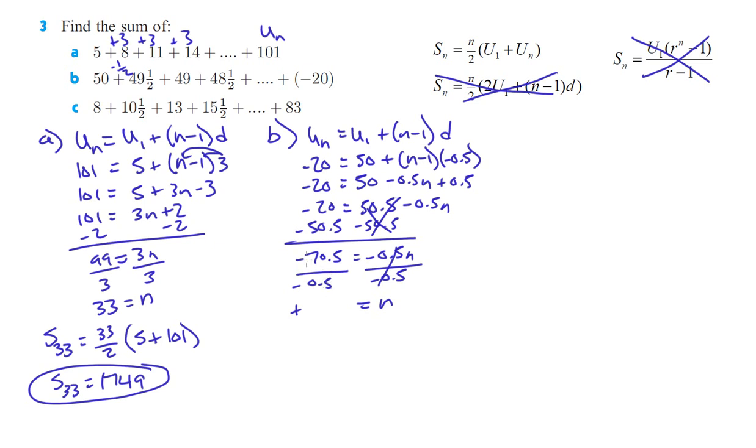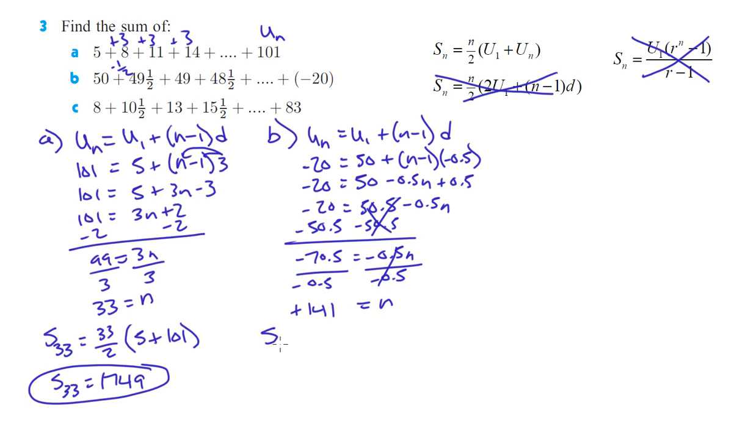Dividing by 1/2 is the same as multiplying by 2, right? So that's 141. We know that n is 141, but actually that's not what we want to end up with. That's just helping us figure out what to plug in.